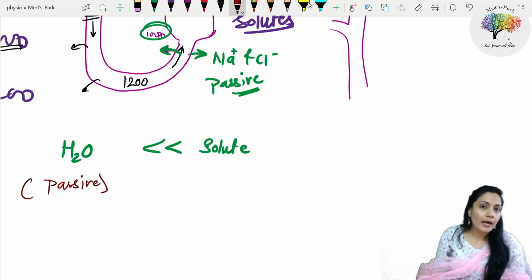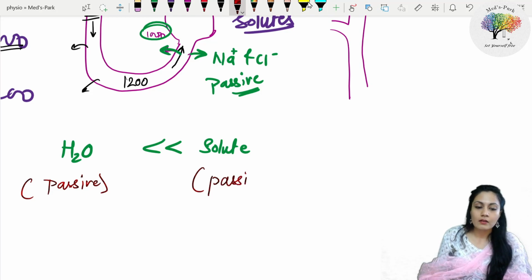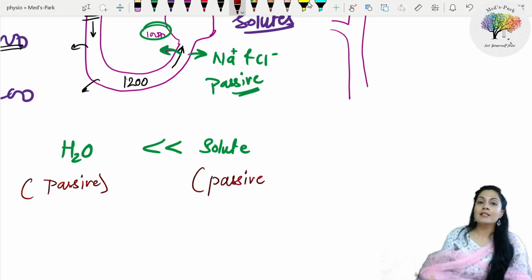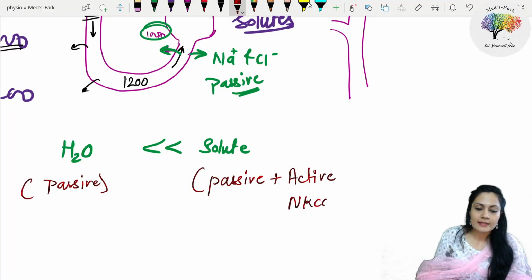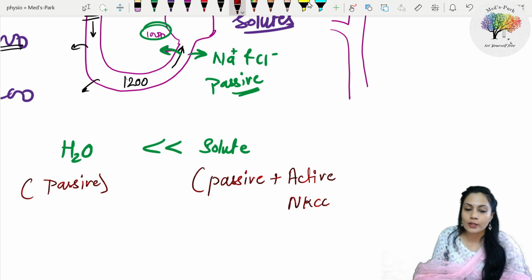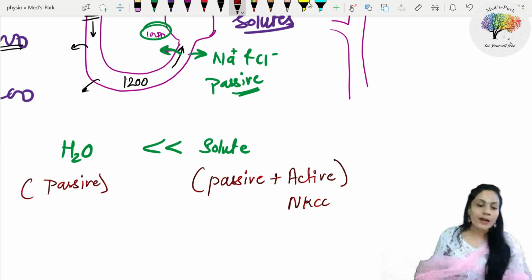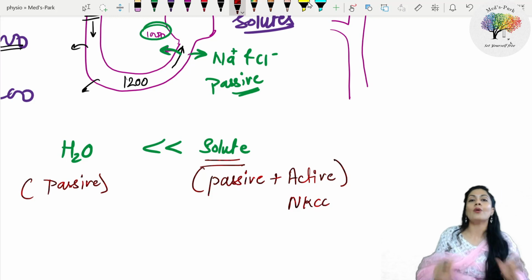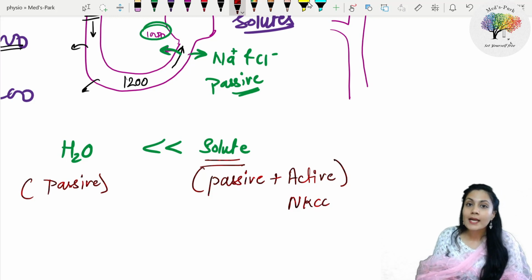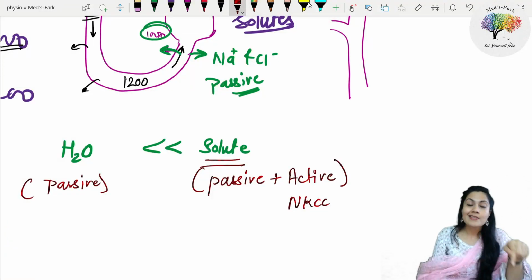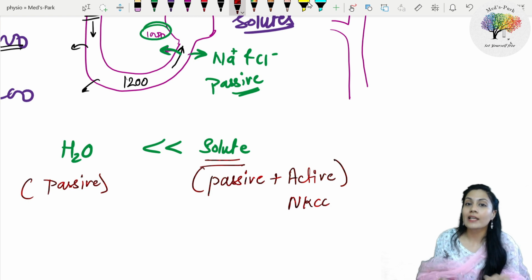On the other hand, when we talk in terms of solutes, yes, in the thin ascending limb it is passive, but understand we are also taking the help of the NKCC, that is sodium potassium chloride co-transporter, and that's why the movement of solute out into the medullary interstitium is much higher, and that's why the medullary interstitium, whatever osmolarity it has, won't get diluted.